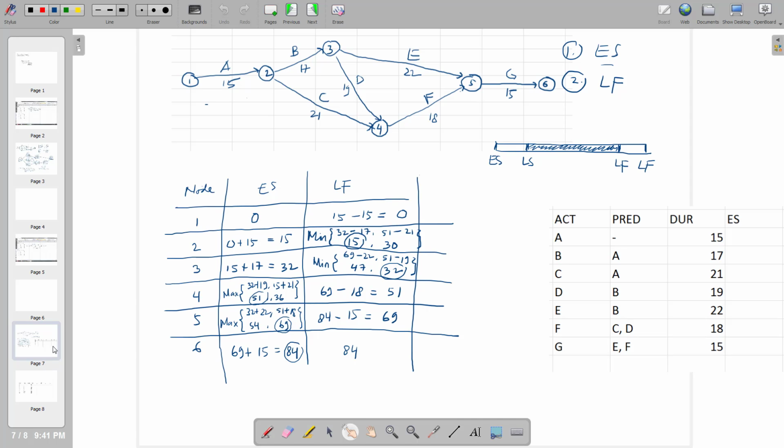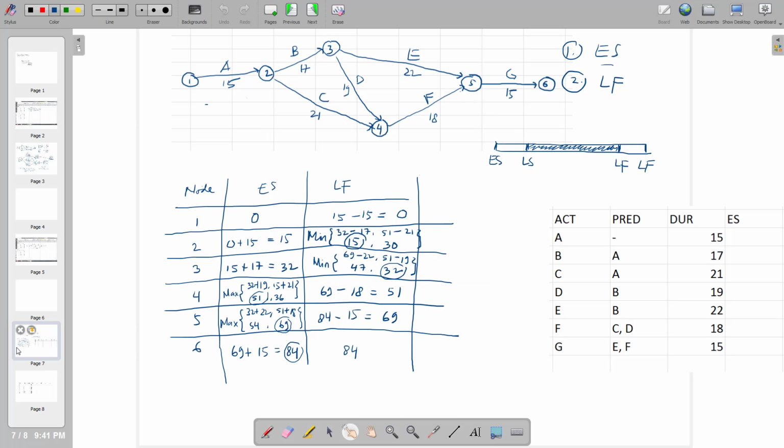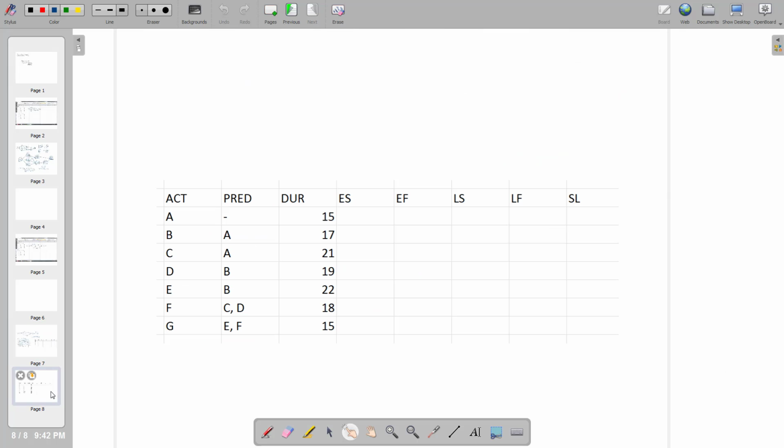So the early start of activity A is equal to 0. So over here you write down 0.